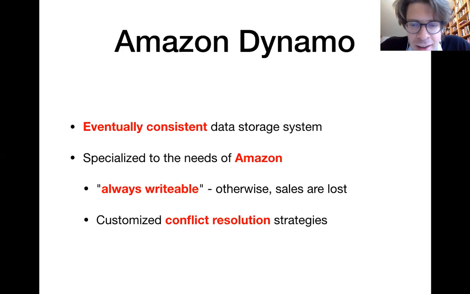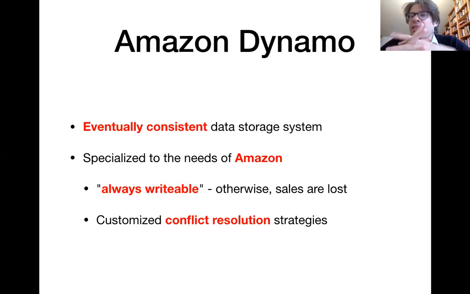For instance, it tries to be always writable, because each write to your data corresponds to a sale. And if we lose writes, then we lose sales, so we lose money. So we absolutely don't want this to happen. So the system tries to be very accepting about write operations.